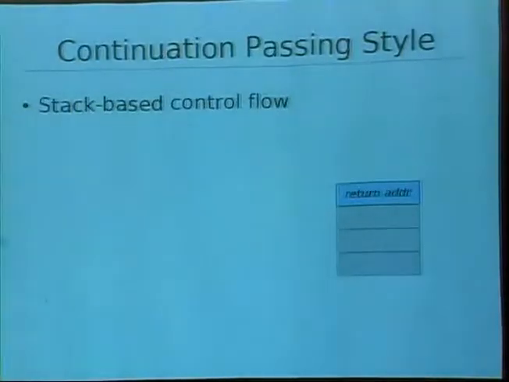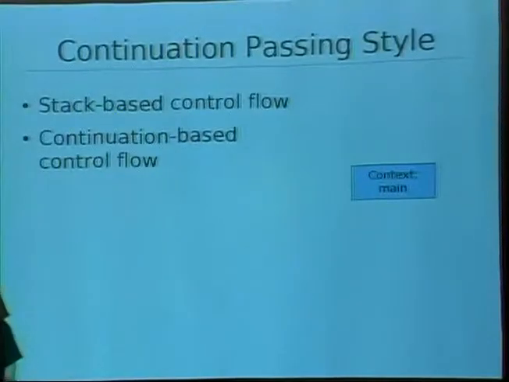When you're ready to return to the point where you called the function, you pop the return address off the stack and jump to it. So Parrot is a continuation-based control flow. You may remember I mentioned earlier that a continuation is essentially a reset button. So it's a subroutine that captures the entire state of the interpreter, and when you call that subroutine, it resets you back to the point where you captured it.